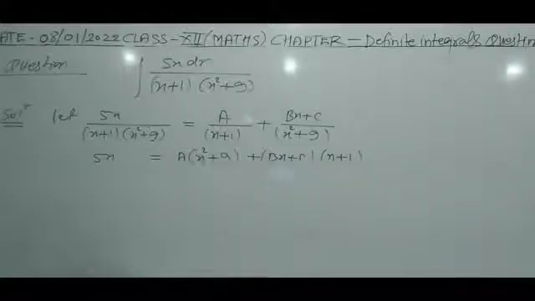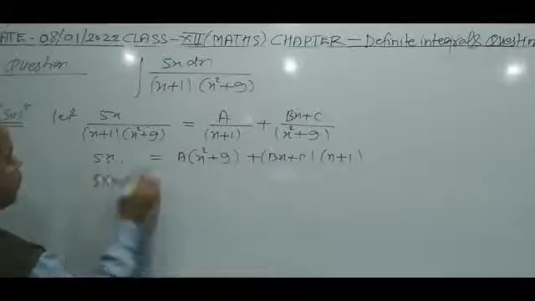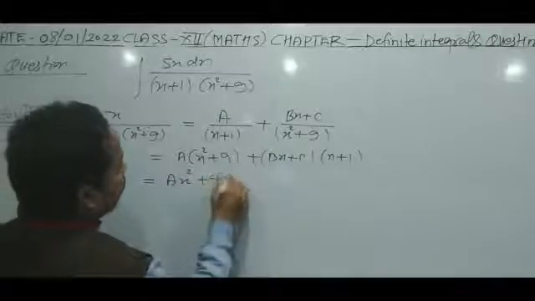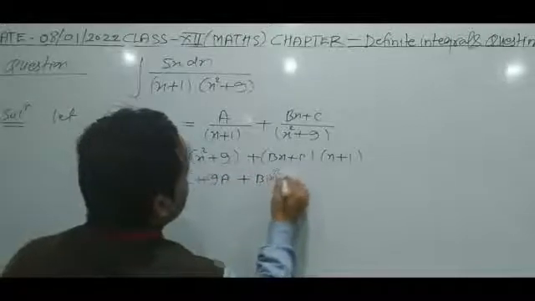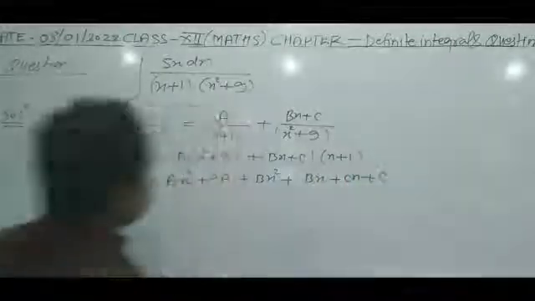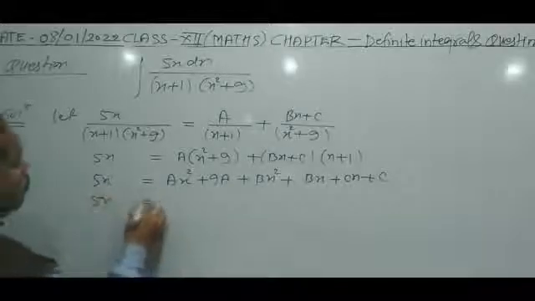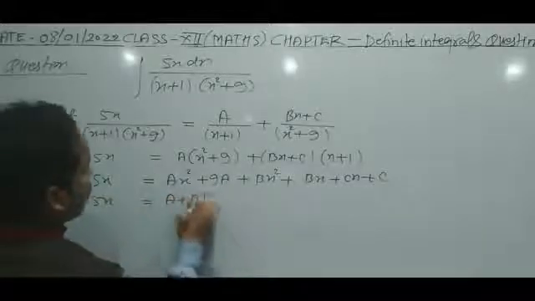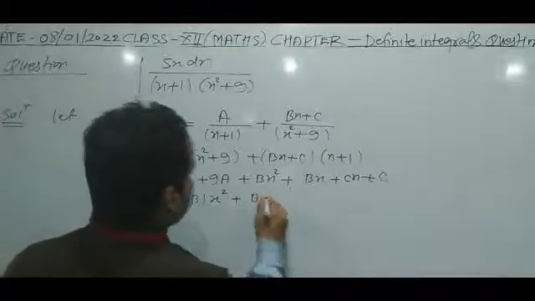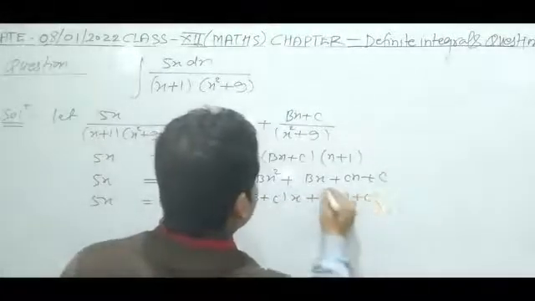Now multiply here. What will you get as the result? 5x is equal to ax square plus 9a plus bx square plus bx plus cx plus c. Now when we equate, 5x we can write (a plus b)x square plus (b plus c)x plus (9a plus c).